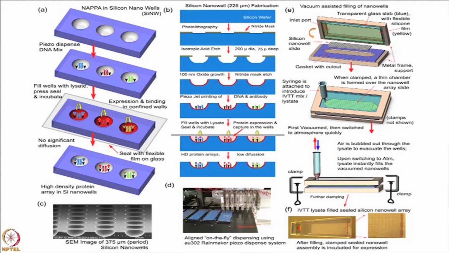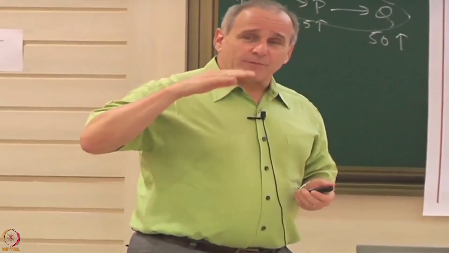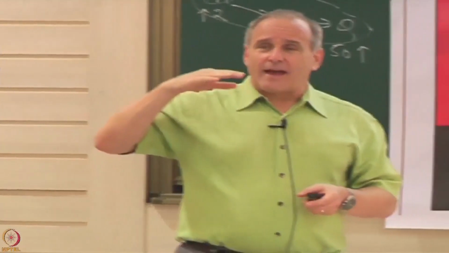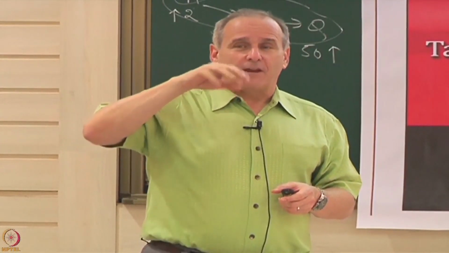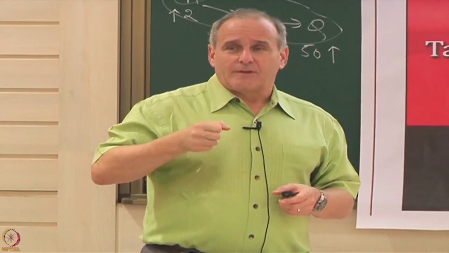Then once you do that, you add cell-free lysate across the entire surface of the array. And that liquid is intended to get into the wells. And then you cover it with a cover slip, and you can see that cover slip right there. That also turns out to be non-trivial, because when you have small wells like that, there's a tendency for the liquid, because it's hydrophilic, to not want to go into the wells.